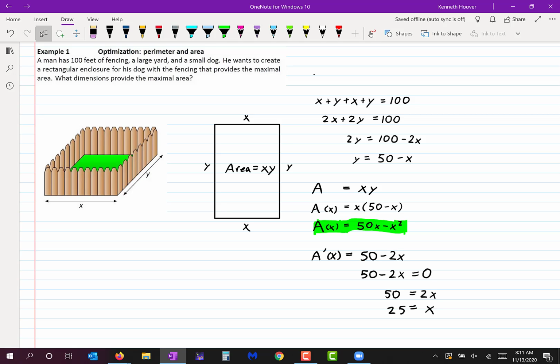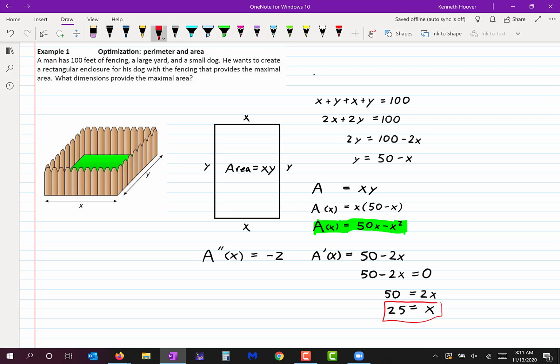So I would take an extra 30 seconds to plug 25 into the second derivative. What would A double prime be? It'd just be -2, right? Which is less than 0. So the graph would be concave down, which tells me that this is going to give me a maximum.